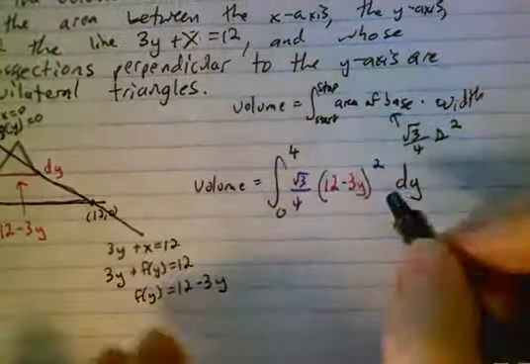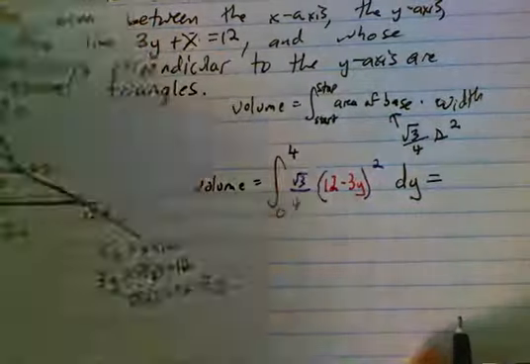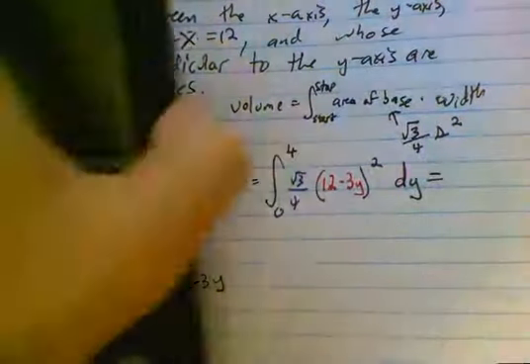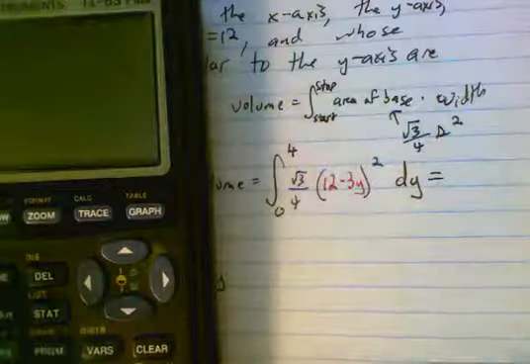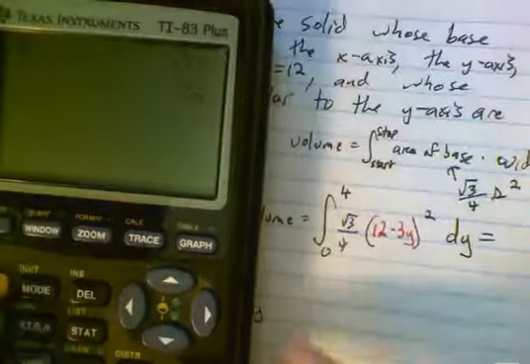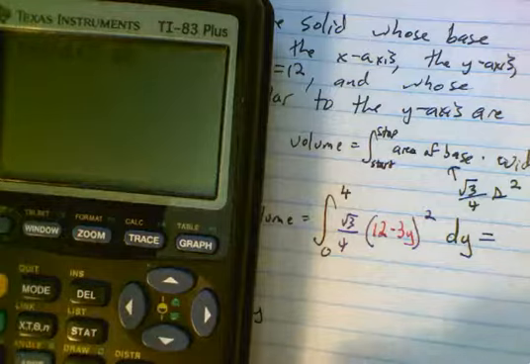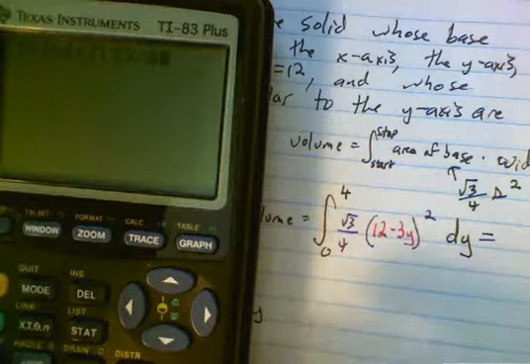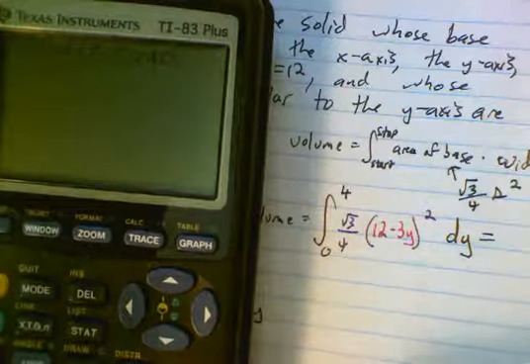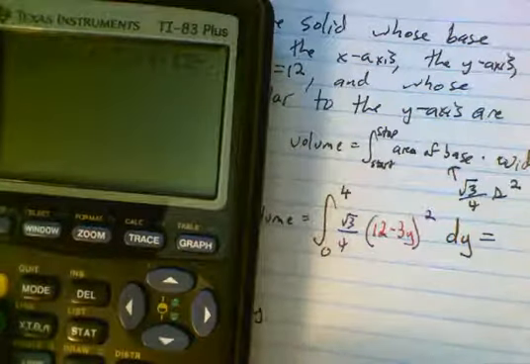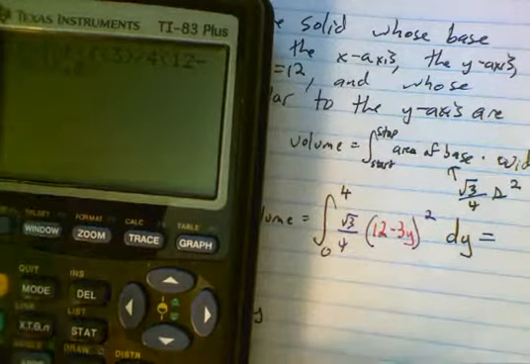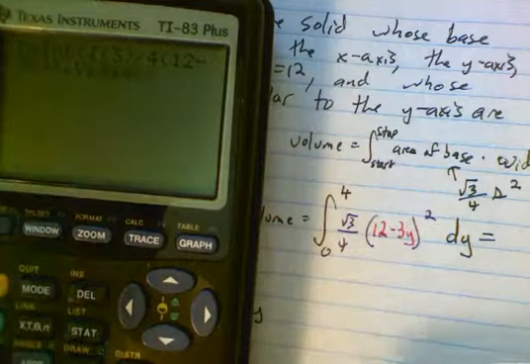That will be math 9, square root of 3 divided by 4, 12 minus 3y squared, variable is y, 0, 4.